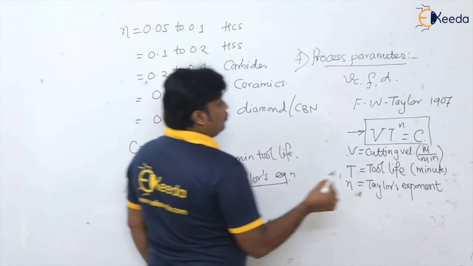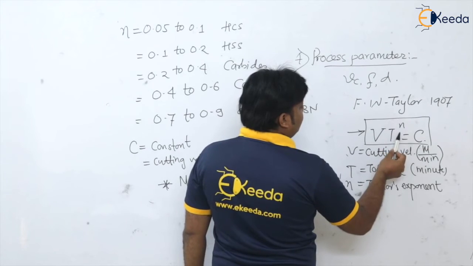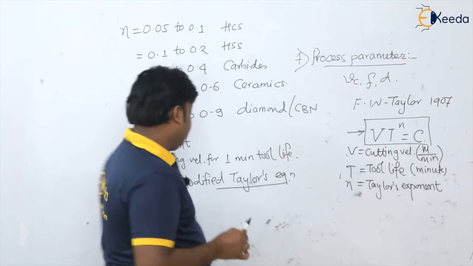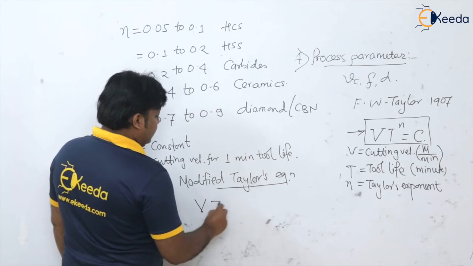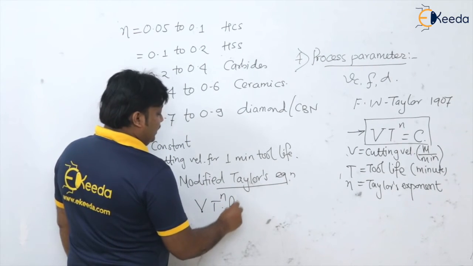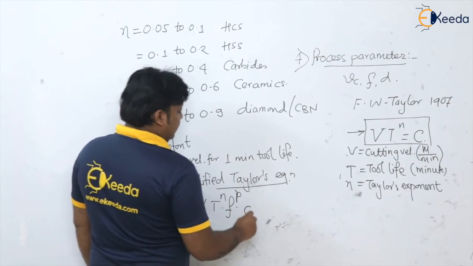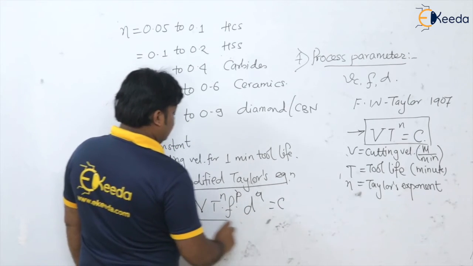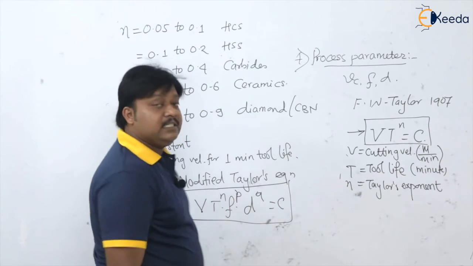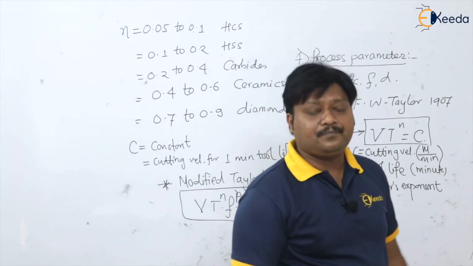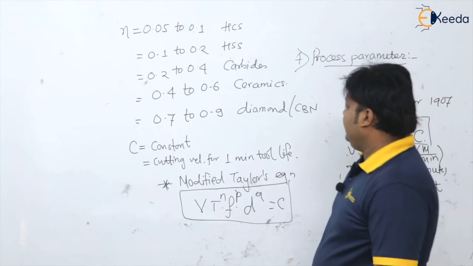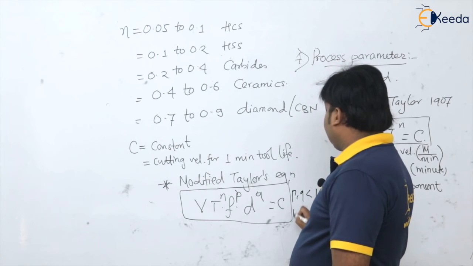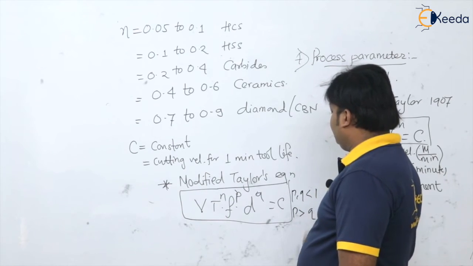When we have to correlate the feed and depth of cut in this equation, we have V t to the power n, feed to the power p, and depth of cut to the power q is equal to constant. So this is the modified or generalized tool life equation, where p and q are of course less than 1 and p is greater than q.